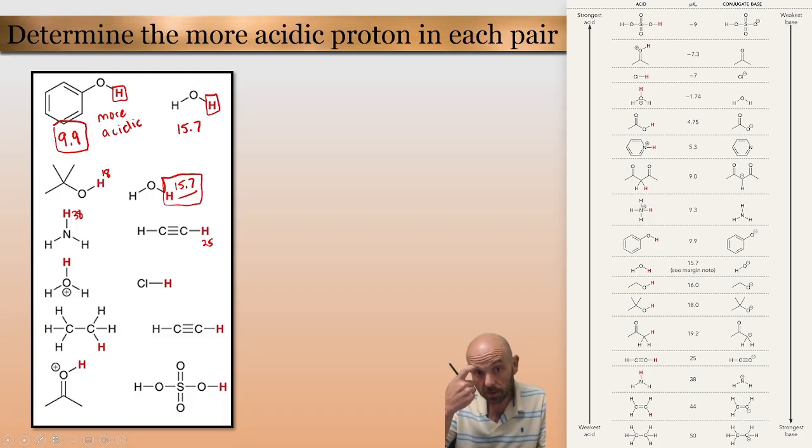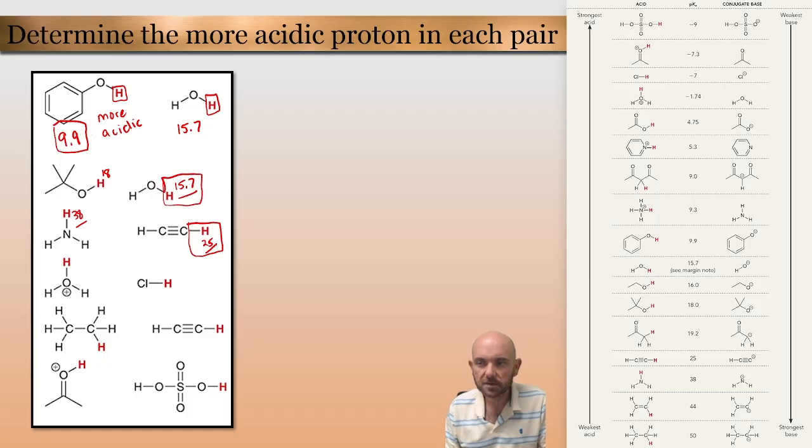It looks to me like ammonia has the happier protons, whereas acetylene has protons that are a little less happy. So these are going to be the more acidic ones, the ones that are easier to remove.